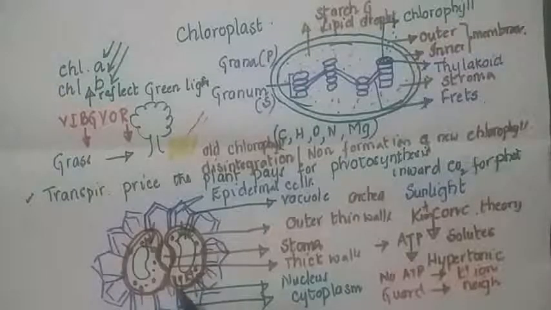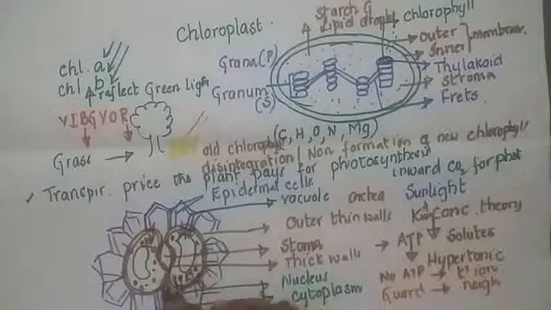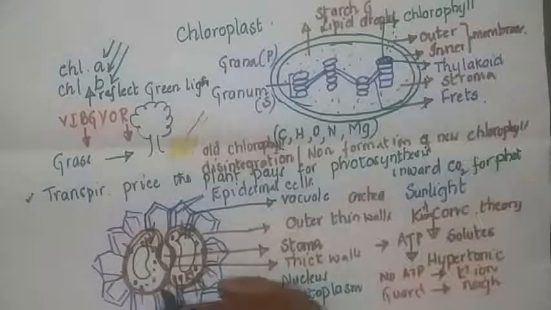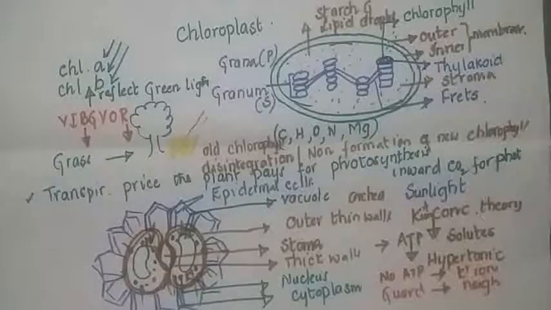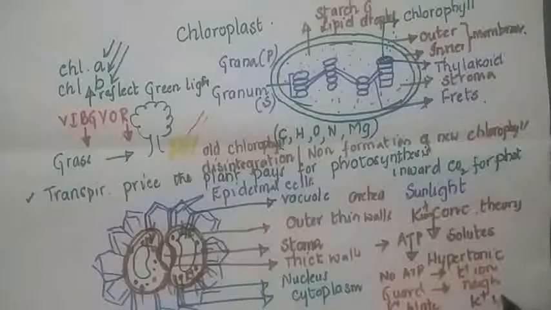So you can say that the concentration of solute will now be more in the surrounding epidermal cells than in the guard cells. So guard cells will have fewer potassium ions, or you can say they have more water compared to the surrounding neighboring cells. In the neighboring cells the concentration of potassium ions will be more.